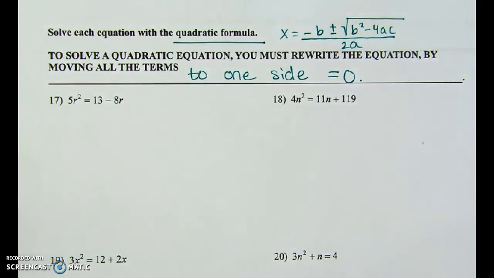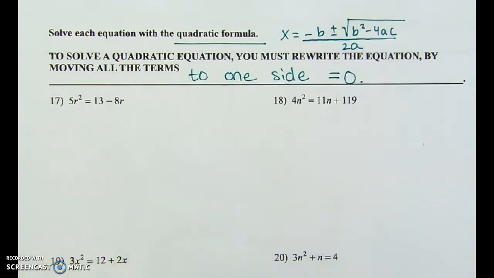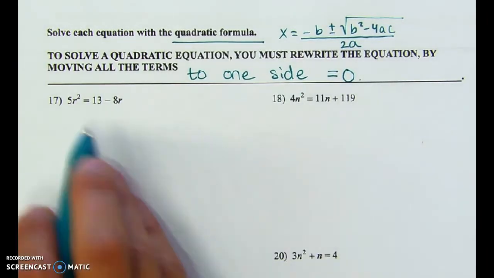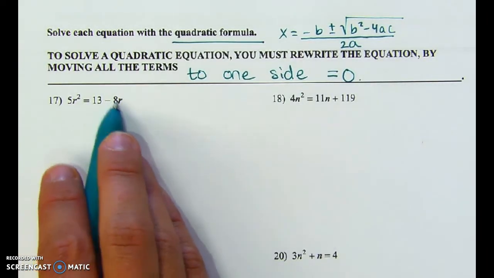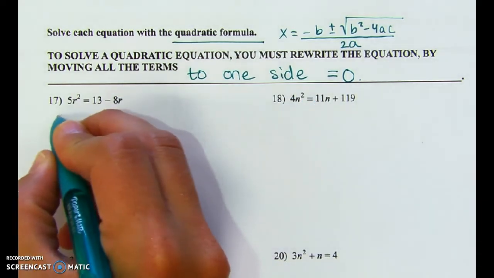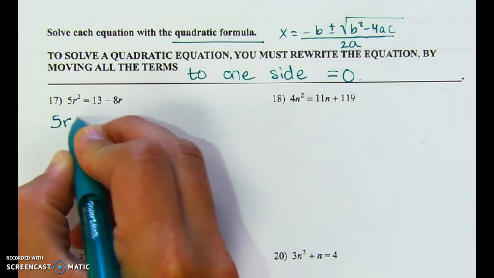Okay, so this is a big deal. This is not ready to be solved for r. What's funny is that they don't use x on these, they use r. We need to move everything to one side and set it equal to 0. Are you ready? Yes, we are.